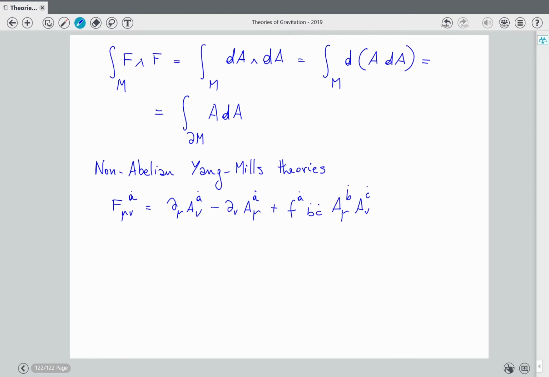And this gauge theory is associated with some gauge group G, for example SU(N). And then these indices A dot are in some representation, which is called the adjoint representation of that gauge group.